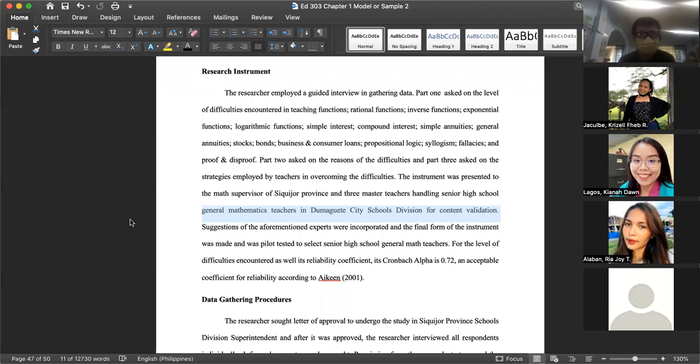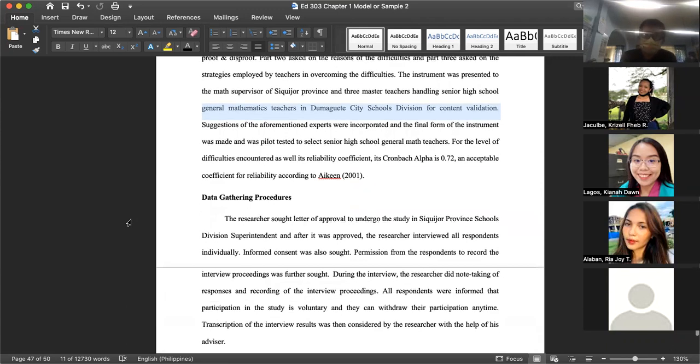If you have not pilot tested, you could not say 30 minutes, 40 minutes, or 50 minutes. As a researcher, you must have a well-validated, estimated time allocation in answering the research instrument.